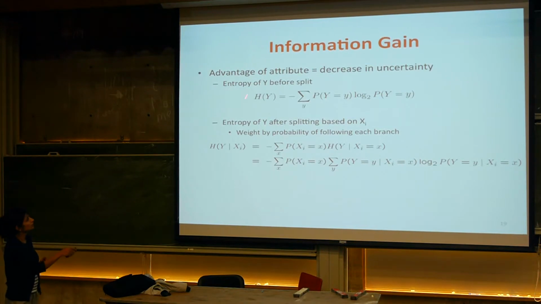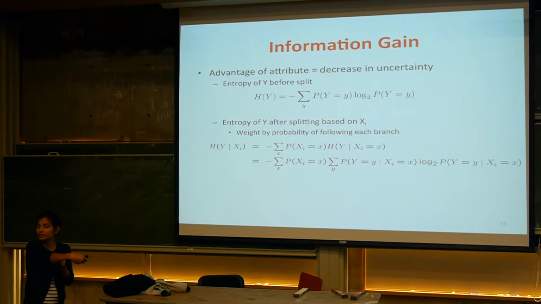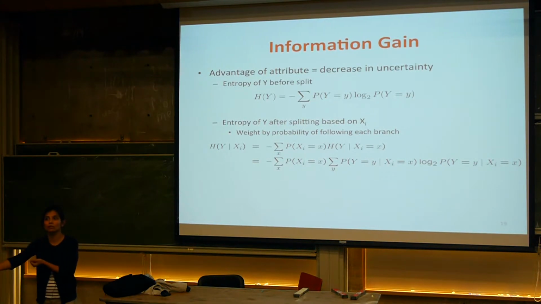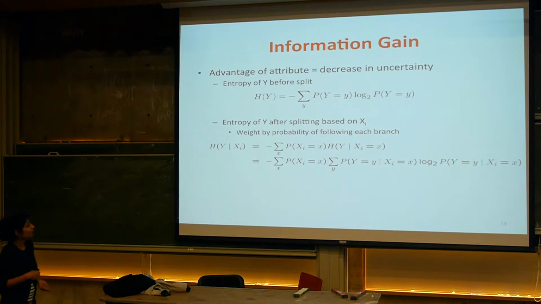If I just showed you entropy, you might be doing just this later part, and not also weighting by the probability that you follow that branch, right? If your marital status was married, you would be following one branch, and if it was single or divorced, you would be following another one. So you have to account for the probability that you take that branch.